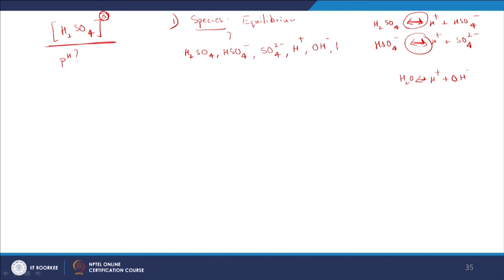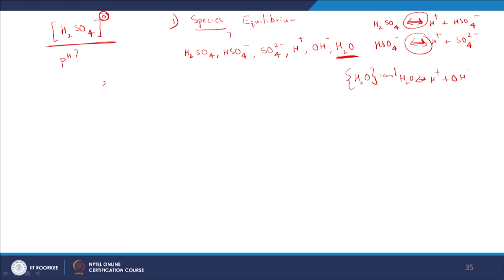In general there is always water, because these are all aqueous solutions. But we can get by without listing water as a species, because we assume that these are dilute systems and that the activity of water is more or less a constant, right. So that is why we usually do not need to list H2O as a species.